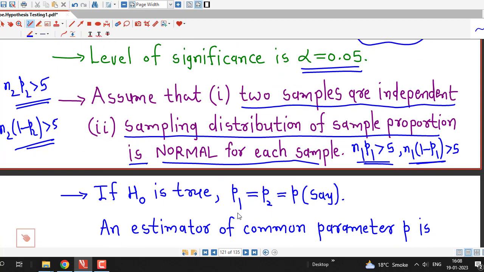Therefore both the population proportions are equal.